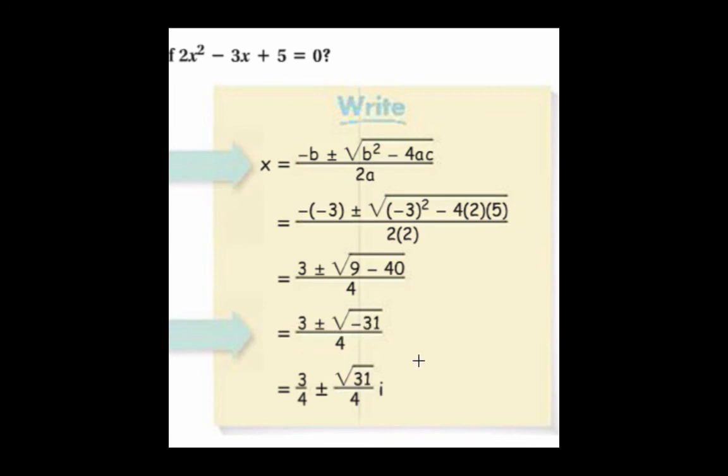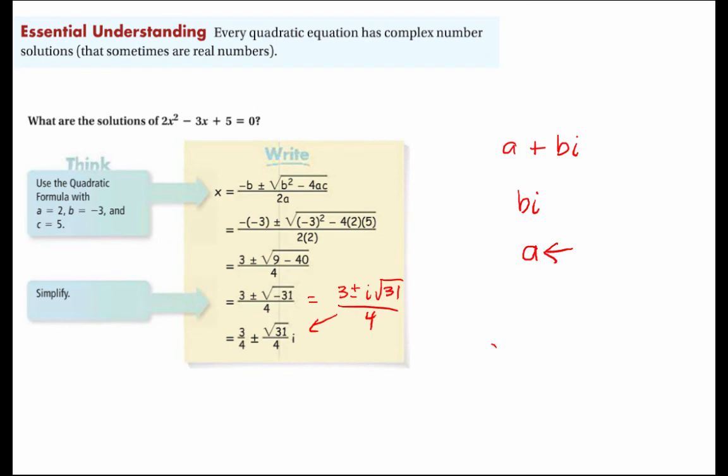The intermediate step here that they do not write is 3 plus or minus i radical 31 all over 4. And then they take it to this final step, again complex numbers, a plus bi form. So they write it that way. They have the real part, and then this is the b in front of the imaginary unit.